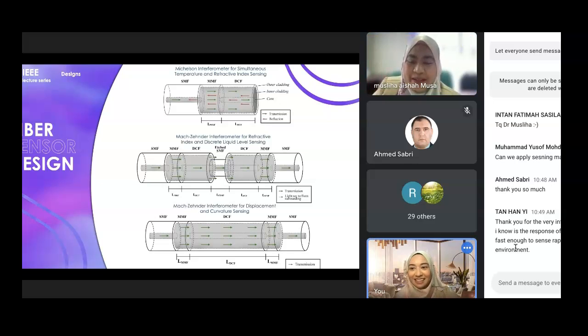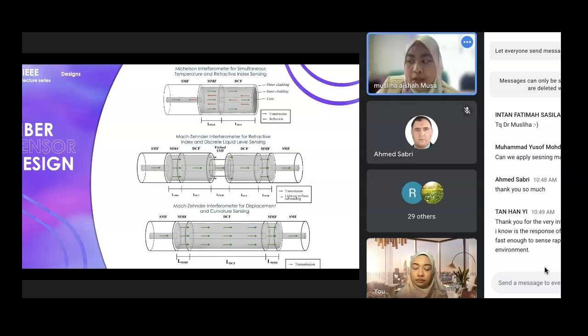Okay. So we have another question. Thank you, Dr. Musliha. Thank you for the very informative presentation. Can I know, is the response of the temperature sensing fast enough to sense a rapidly changing temperature environment? This is from Tan Han Yi. Thank you for the question. How fast would you want it to be? For our setup, because we use an optical spectrum analyzer, OSA, it depends on our OSA.